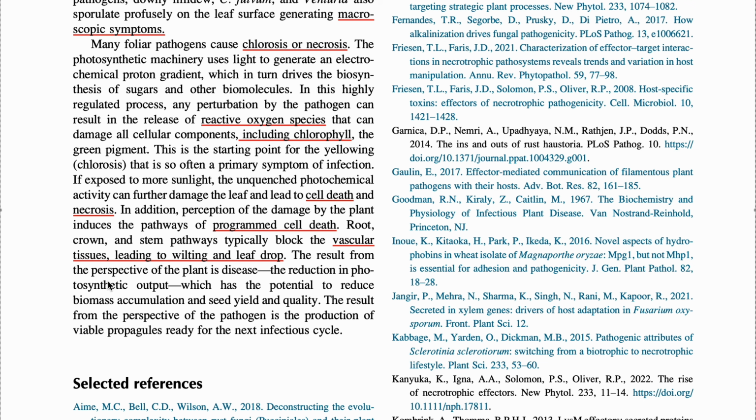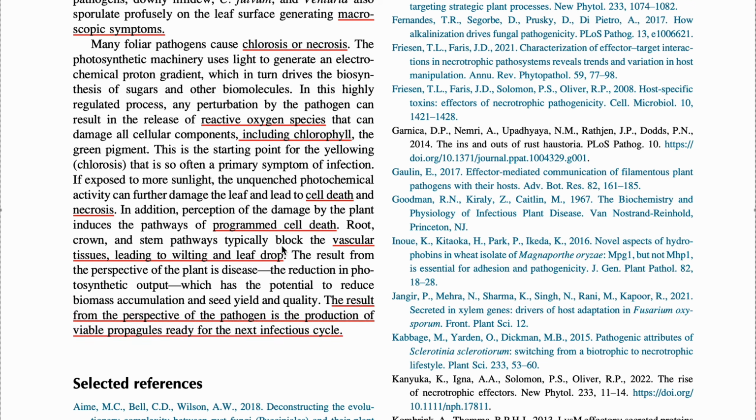The result from the perspective of the plant is disease: the reduction in photosynthetic output, which has the potential to reduce biomass accumulation and seed yield and quality. The result from the perspective of the pathogen is the production of viable propagules ready for the next infection cycle.